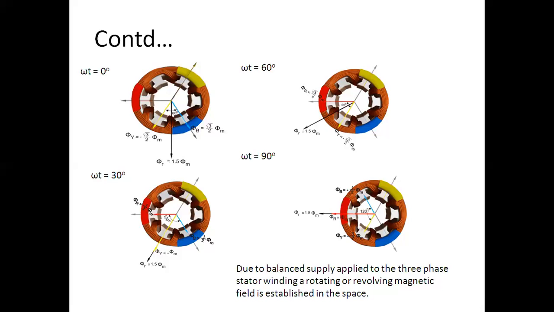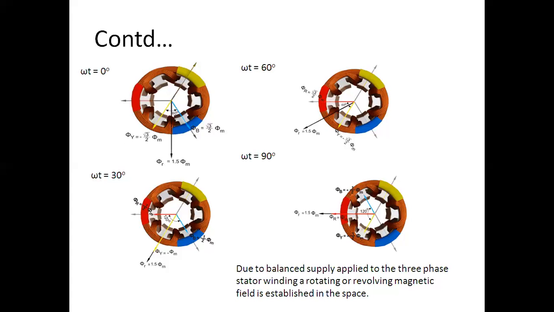But for the different values of omega t, at different instants, omega t equal to 0 degrees, 30 degrees, 60 degrees, 90 degrees, and so on, the resultant flux rotates in the clockwise direction for each omega t value by an angle of 30 degrees. That means from omega t equal to 0 to omega t equal to 30 degrees, the resultant flux rotates in the clockwise direction by an angle of 30 degrees, and so on.